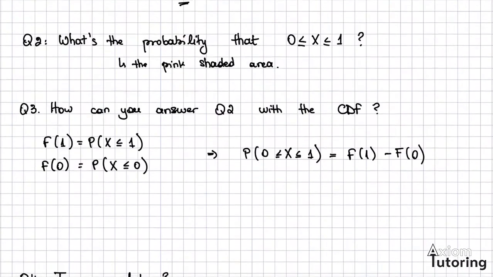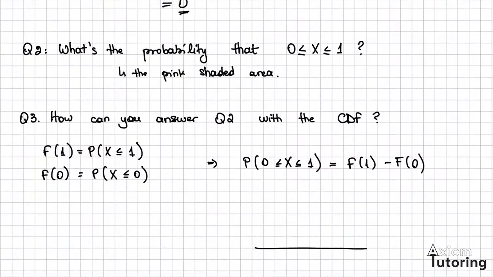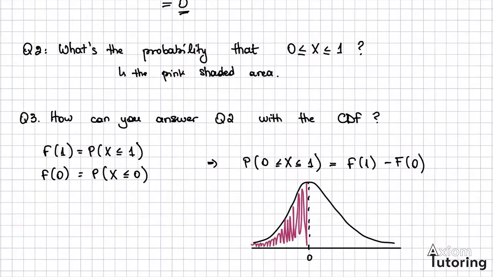So how exactly does this show graphically? So again, we have the bell-shaped curve. Not so bell-shaped. And when we said for point 0, in terms of the CDF, I was looking at the entire area over here. And for 1, I am looking at the entire area on the left of 1.